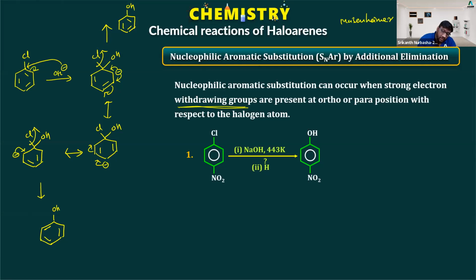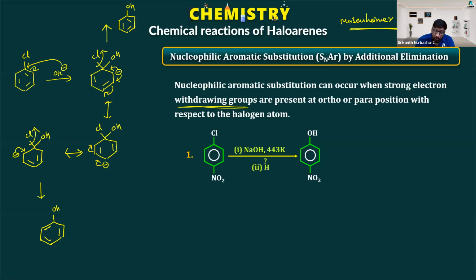So the rate of nucleophilic aromatic substitution reaction will depend upon the stability of this Meisenheimer complex. If you look at this complex or resonating structure, you are getting negative charge at ortho and para. If you have electron withdrawing groups at ortho and para positions, they will remove the charge, thereby increasing stability.